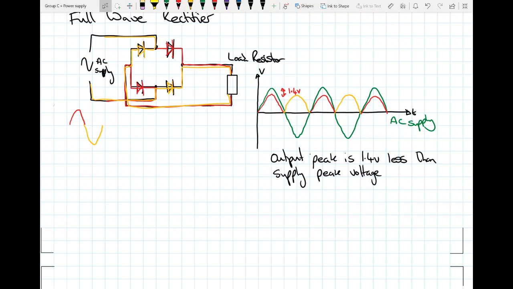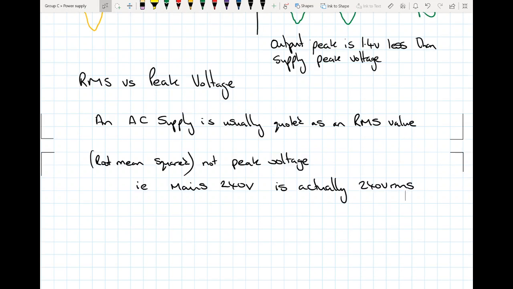Well, RMS is root mean squared, so it's the averaged voltage that would be equivalent to a DC supply. So when we've got our mains voltage, that's actually 240 volts RMS. So what is the peak value?